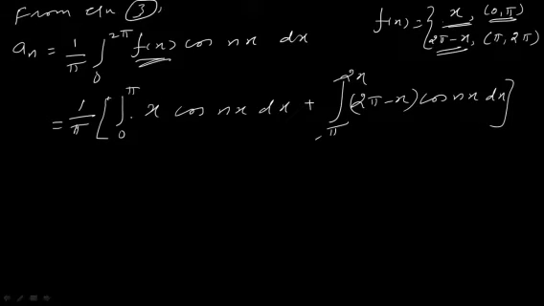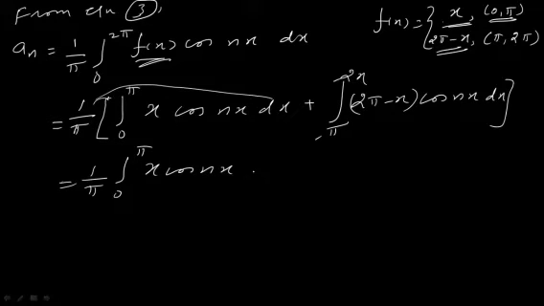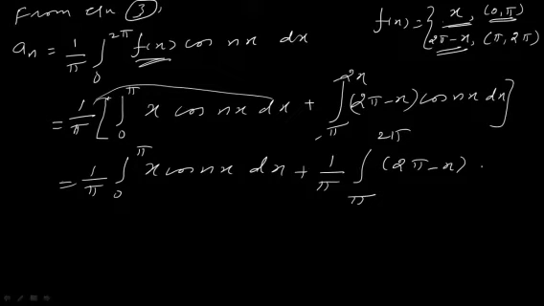Now I am going to integrate these two integrals separately and substitute in AN. For that I am going to take 1 by pi inside. So 1 by pi integral 0 to pi x cos nx dx plus 1 by pi integral pi to 2 pi, 2 pi minus x cos nx dx.